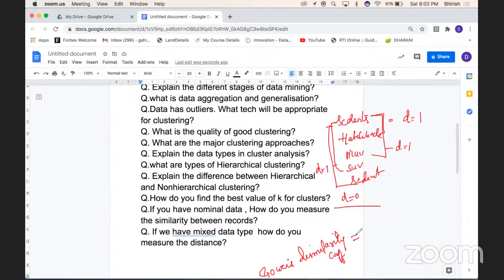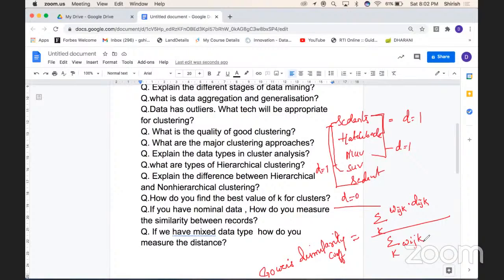So what does it talk about? It talks about K, right? It talks about I, J, K with D, I, J, K. So Dijk means that it is a distance for the kth variable.